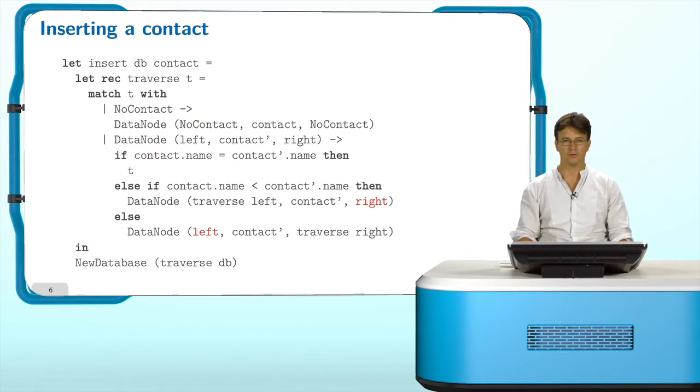So now let us come back to the insertion of a contact inside the database. Again, this function will be a tree traversal defined by recursion and by case analysis over the shape of the tree. If the database is empty, then we just have to return a new database that only contains one node consisting of the contact with two empty children.